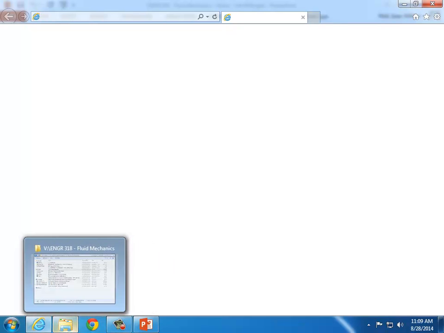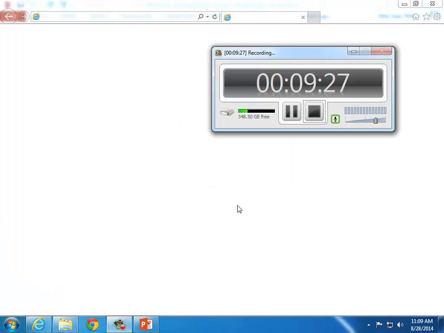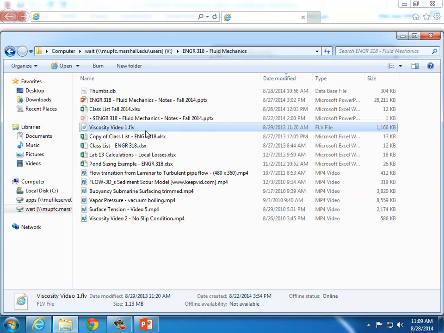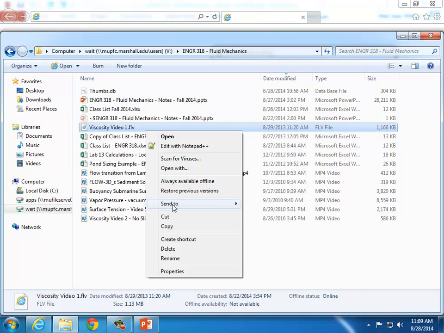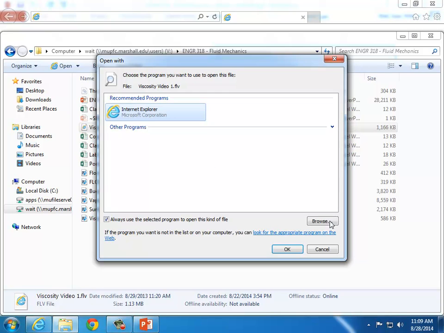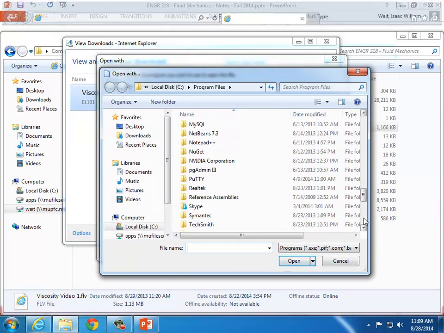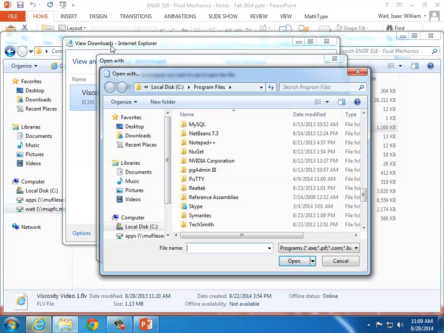The default Flash player being Internet Explorer is not ideal. Let's see if maybe I can get it to play with something else. I think we've got VLC on here. Is it going?